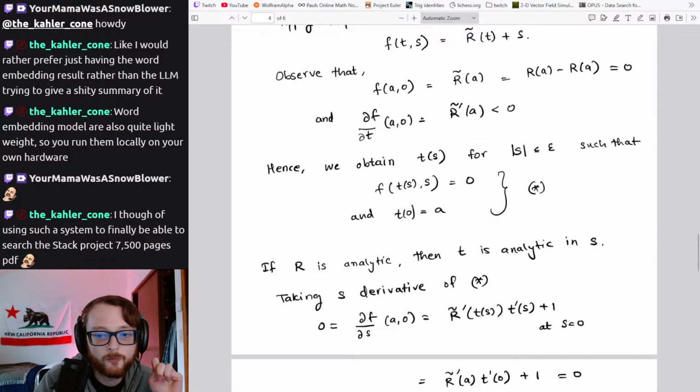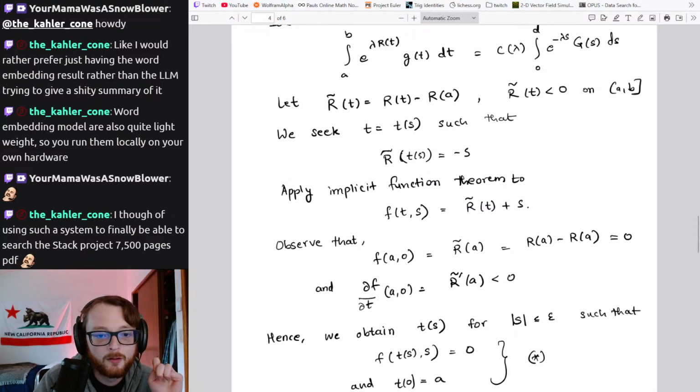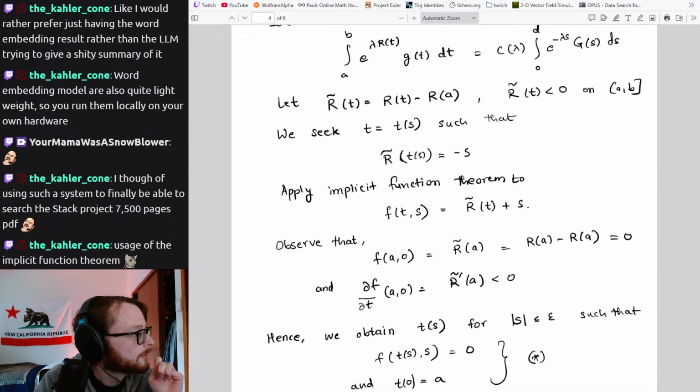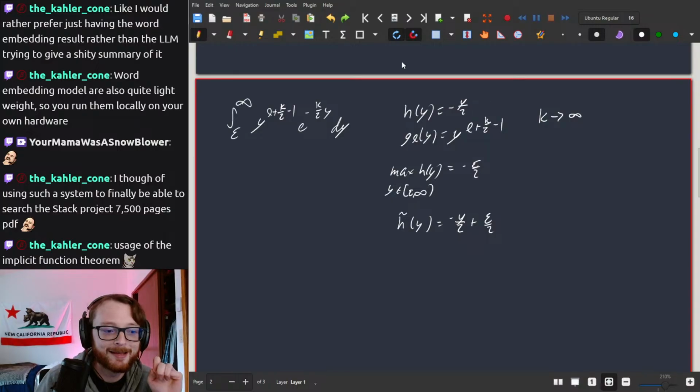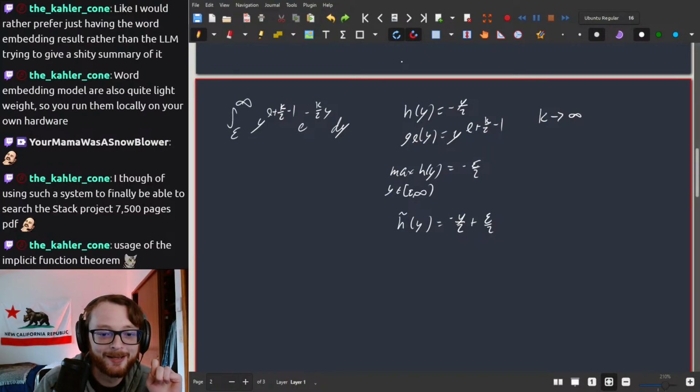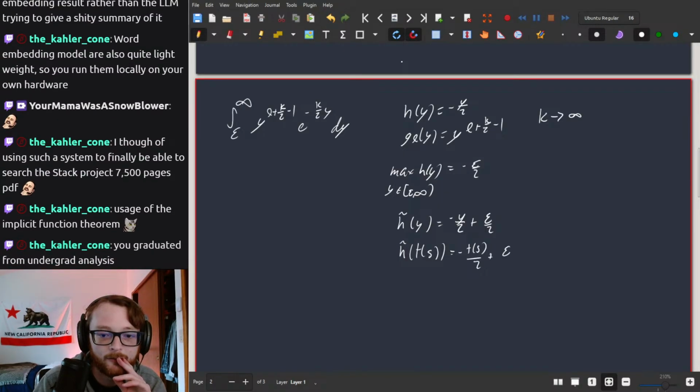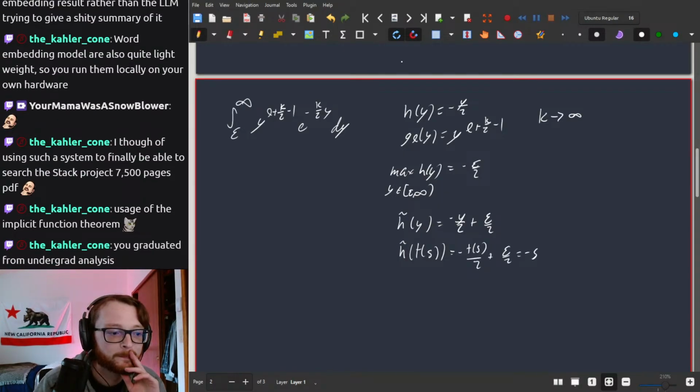But I guess we can actually just find it, or at least we should be able to. So we want to... Yeah, I feel like you and I have talked about that. So maybe I was overthinking how to actually do this, but maybe we just literally do this. Yeah, okay, that's when you said it's like the final boss of undergrad analysis.